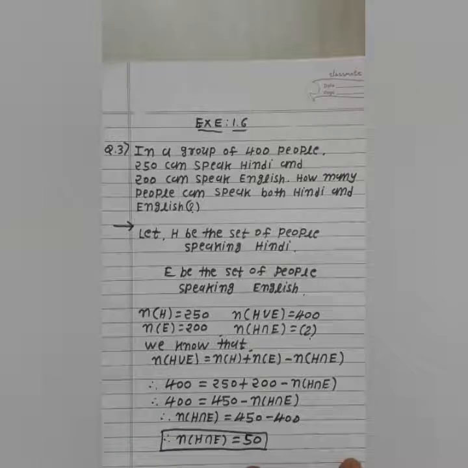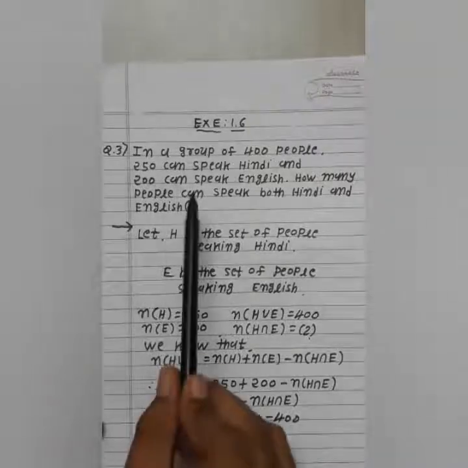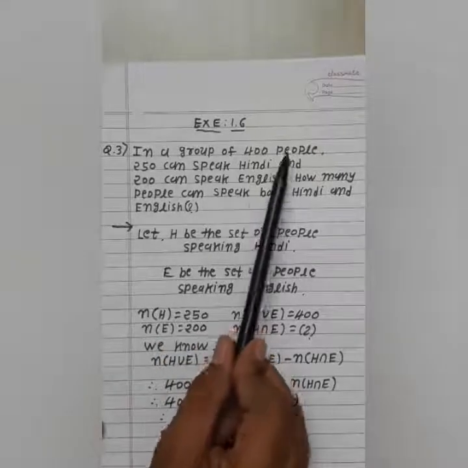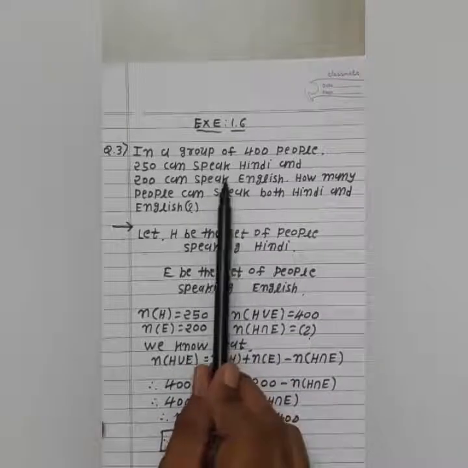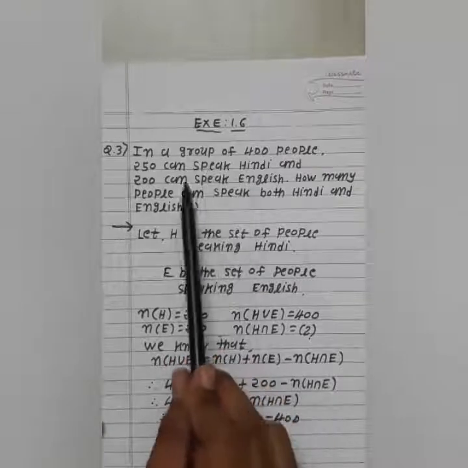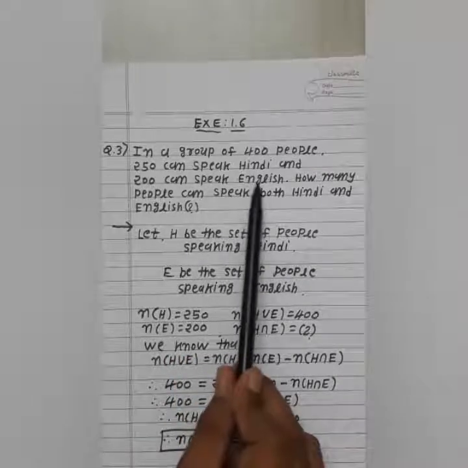So once again, in this question, a group of 400 people is present, and there are people who can speak Hindi and people who can speak English.